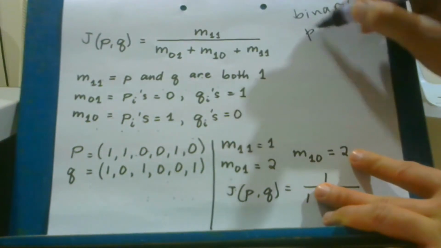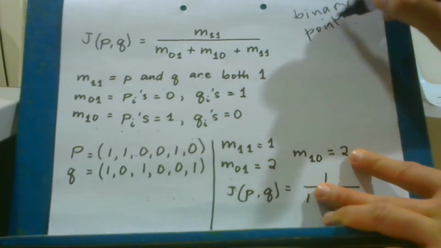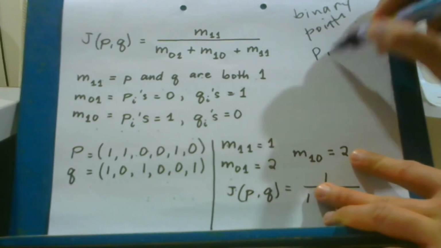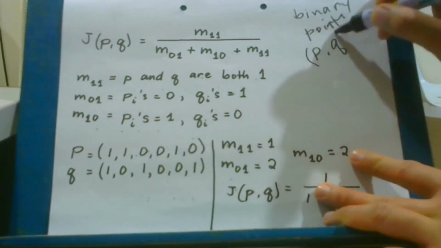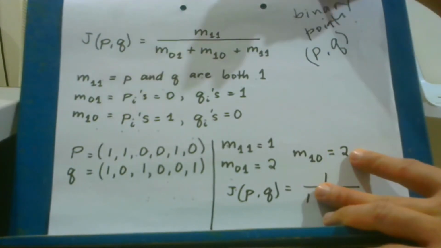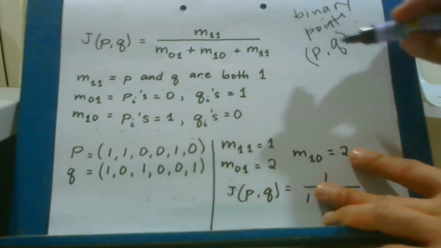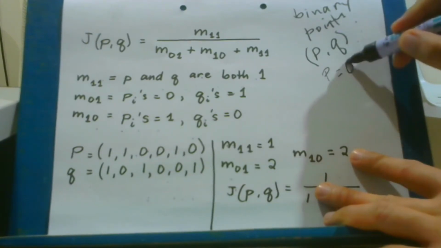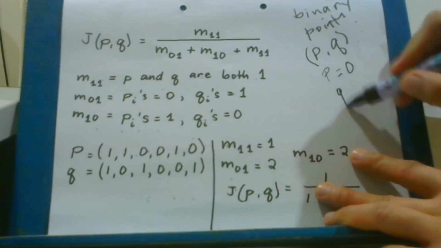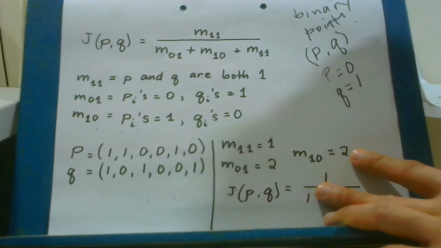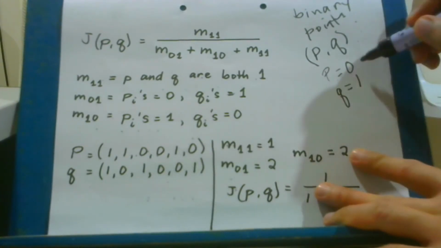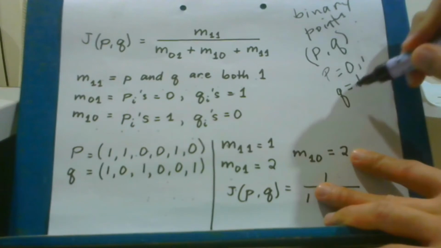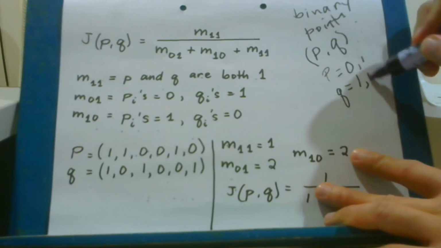Again, here we have point P and then point Q. With all of these coordinates in binary values, for example, we could say that P is equal to 0 and Q is equal to 1. Ordinary example, because P can also be 1 and Q can also be 0.